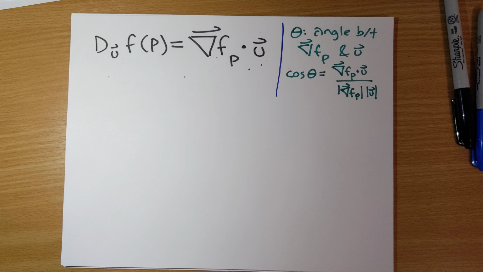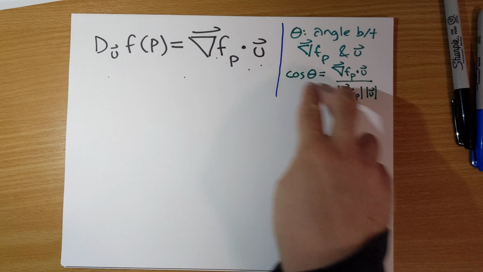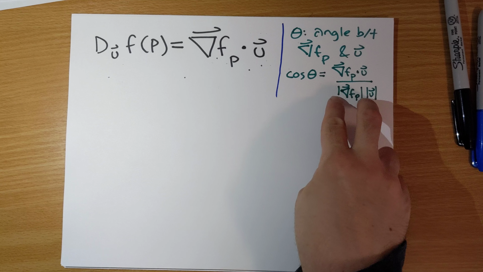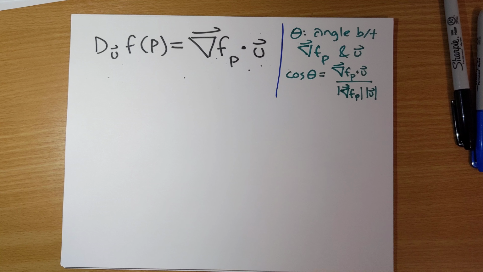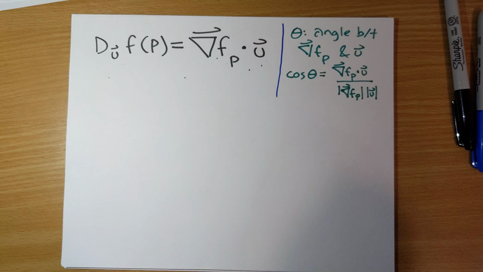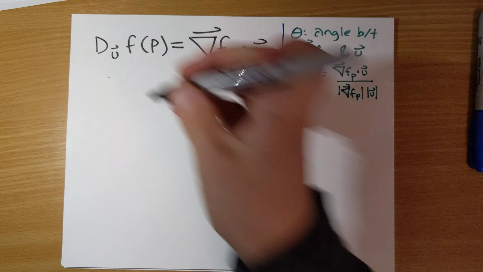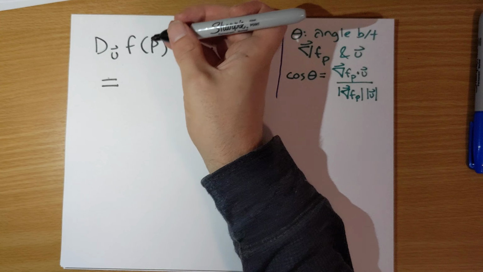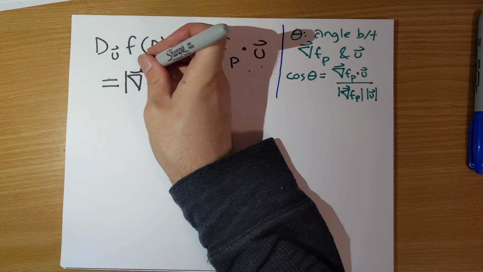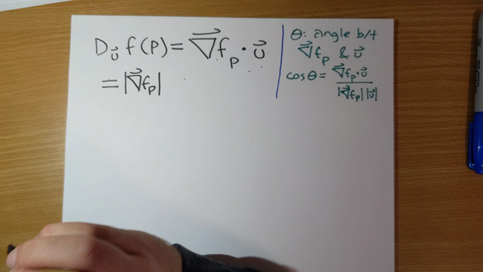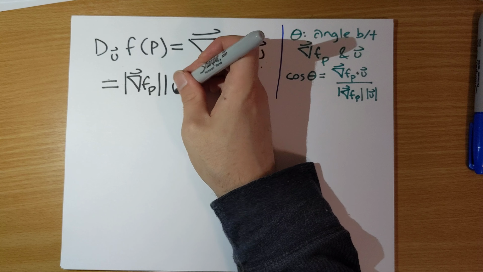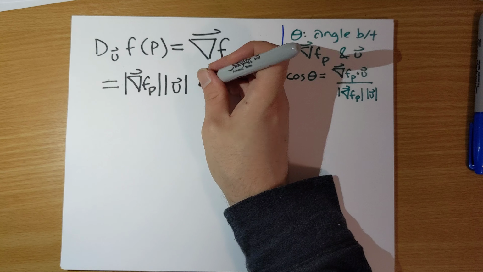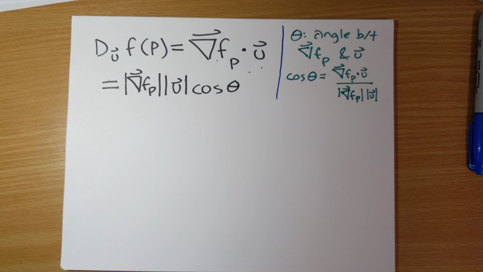And so if we rearrange this, if we multiply on both sides by the length of the gradient and the length of u, we'll have exactly this expression right here. So an alternative way to write the directional derivative is as the magnitude of the gradient of f evaluated at p times the magnitude of u times cosine theta, where theta is the angle between the gradient and u.